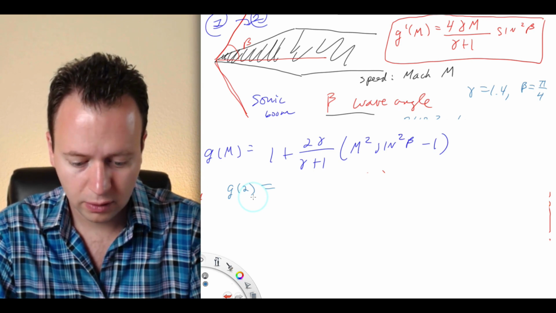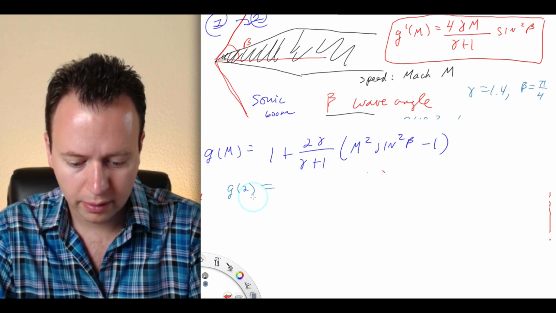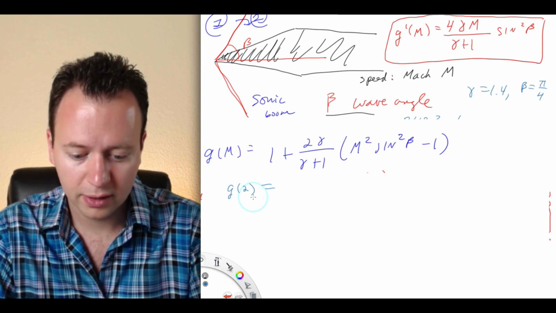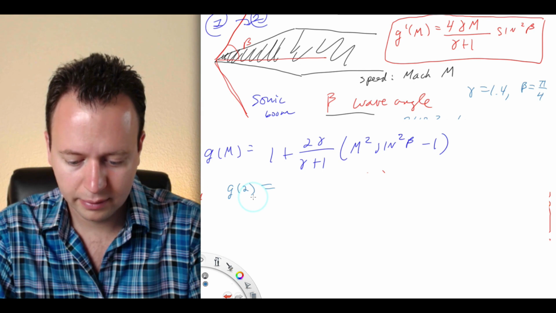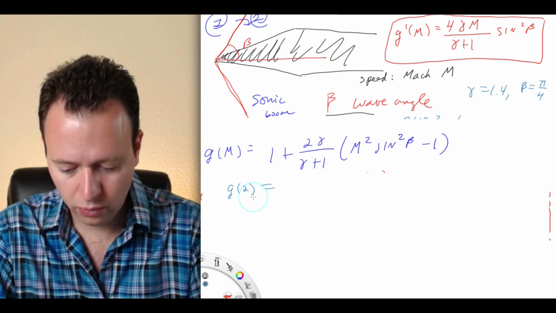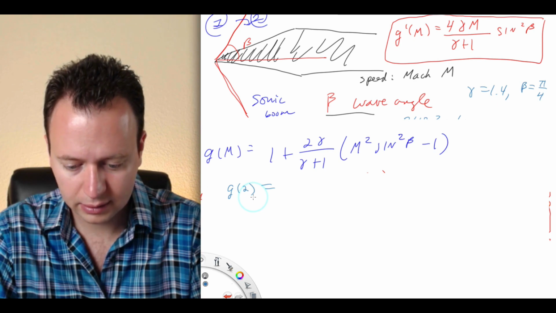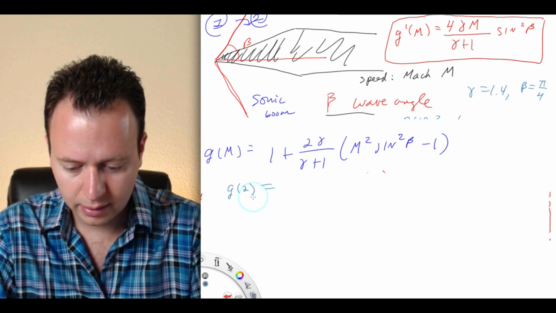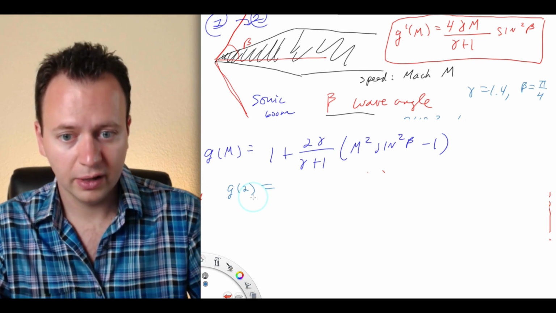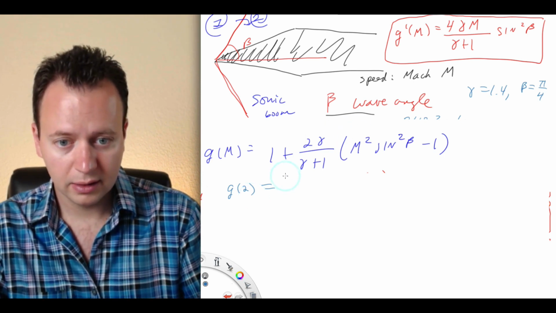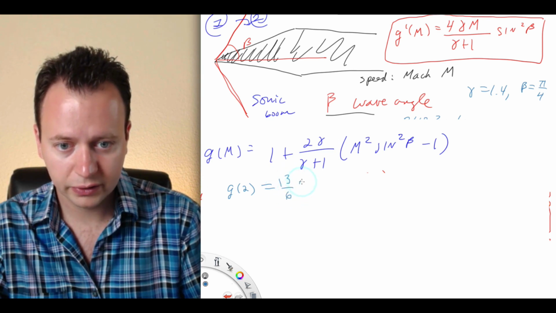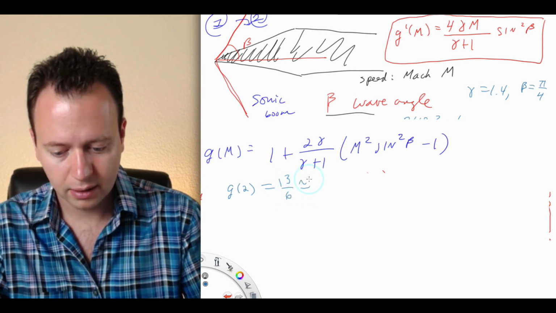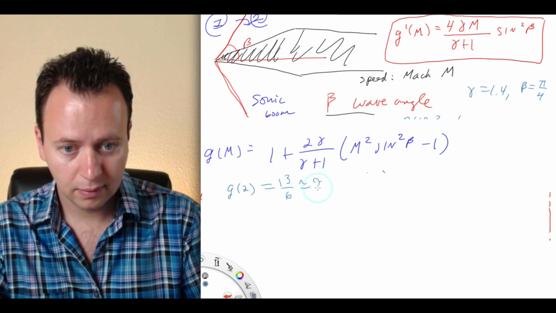It's easy enough. 2 times 1.4 divided by 1.4 plus 1, 2.4, is 1.16666 and so forth, or 7 over 6 plus 1 is 13 over 6. So g of 2 is 13 over 6, or approximately 2.166 repeating.